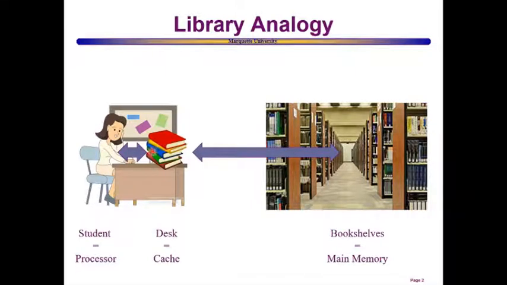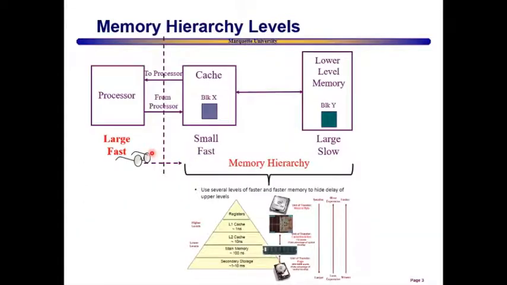So that is the idea of caching, using the desk as a cache to hold the books that will provide information very quickly to the student, and operated based on these ideas of exploiting the principle of temporal and spatial locality.